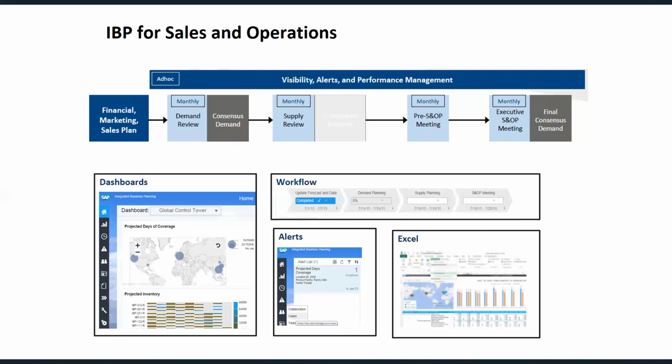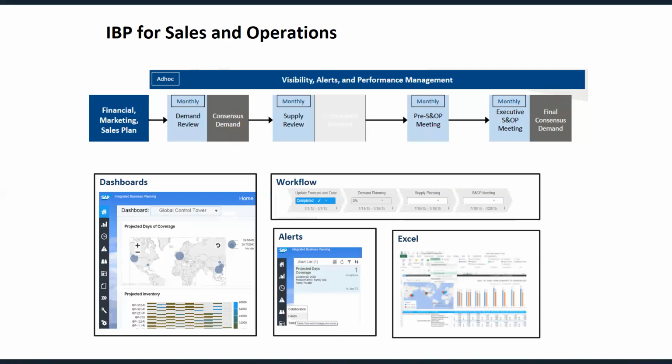If you are trying to balance demand and supply, one of the critical capabilities will be alerting business users that this rule has been violated, there is this constraint, you are getting negative on your projected stock and stuff like that. Those are the alerts, and IBP provides them both in the web UI as well as in Excel.